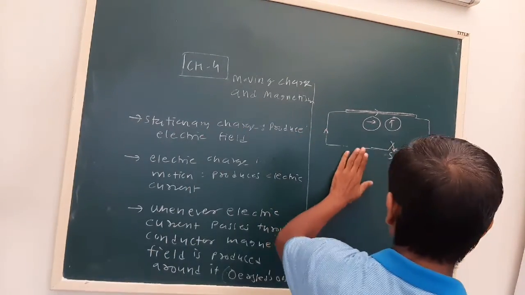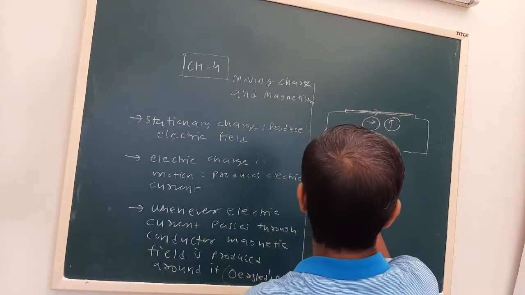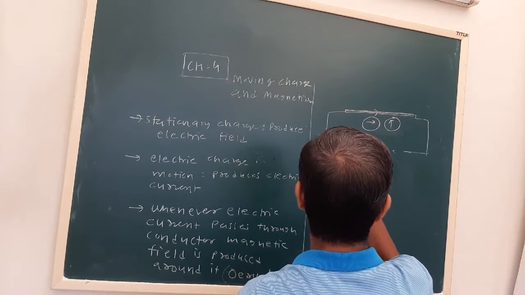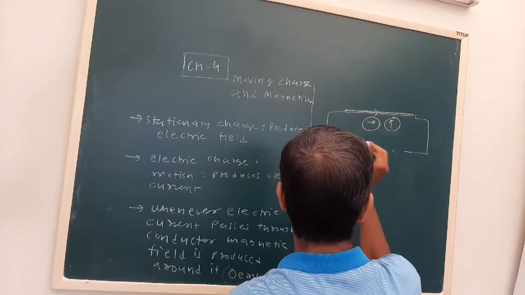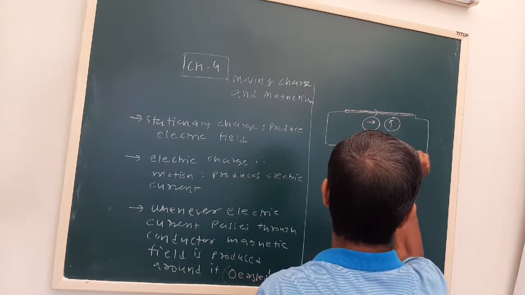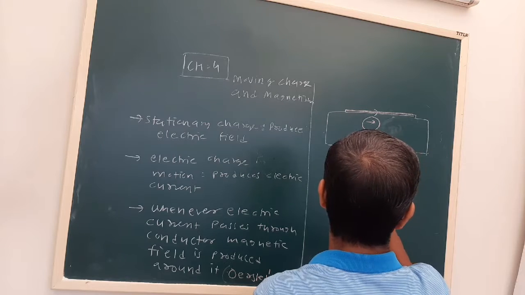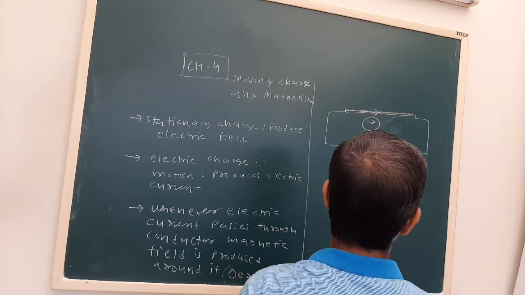Now the direction of the current is reversed. Again the circuit is like this, S is a switch and the battery is like this.